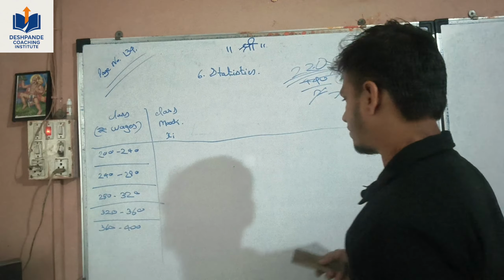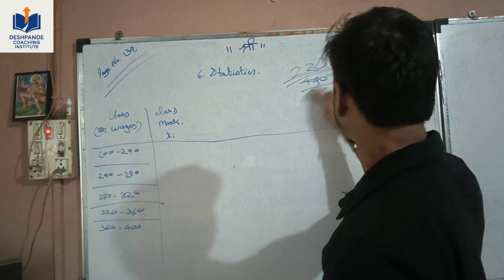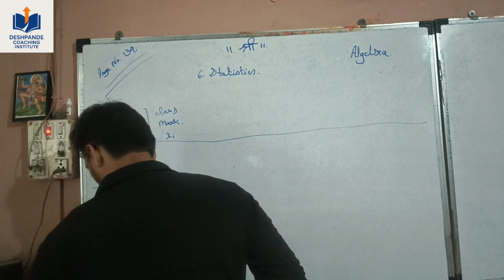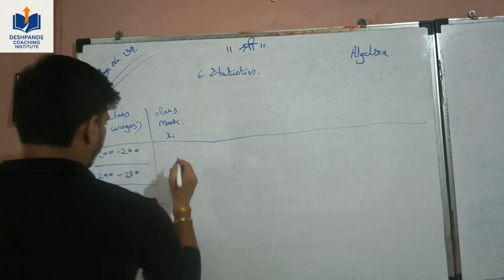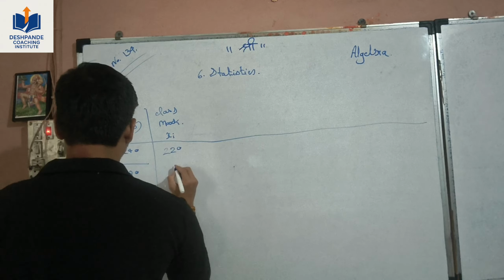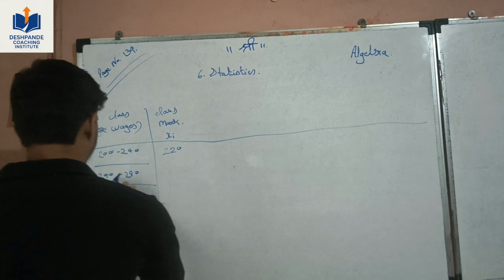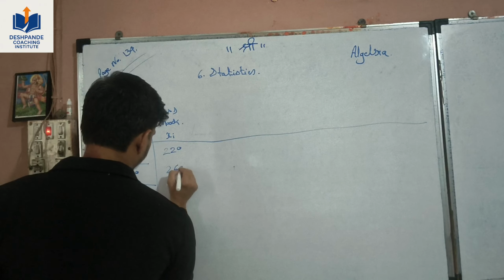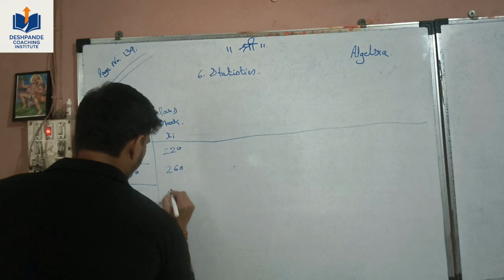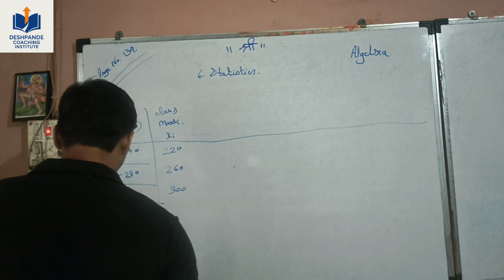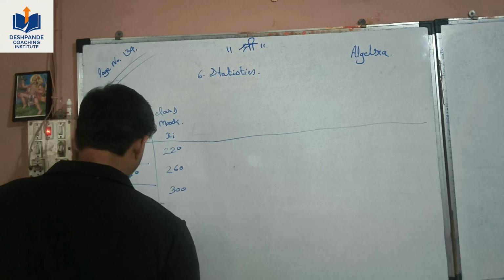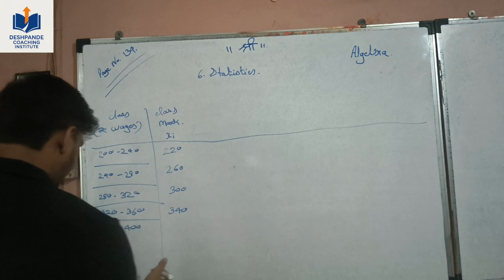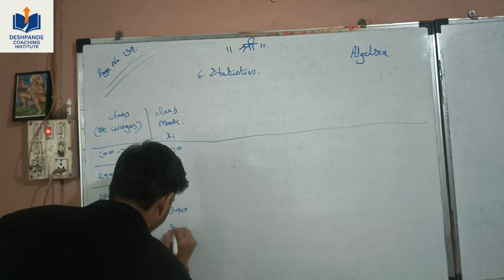Likewise, you can take out the class mark of all the slots. For the first slot the class mark is 220. For the second it is 240 plus 280 divided by 2, which is 260. For the third it is 300. Then 320 plus 360 upon 2 is 340, and 360 plus 400 upon 2 is 380.